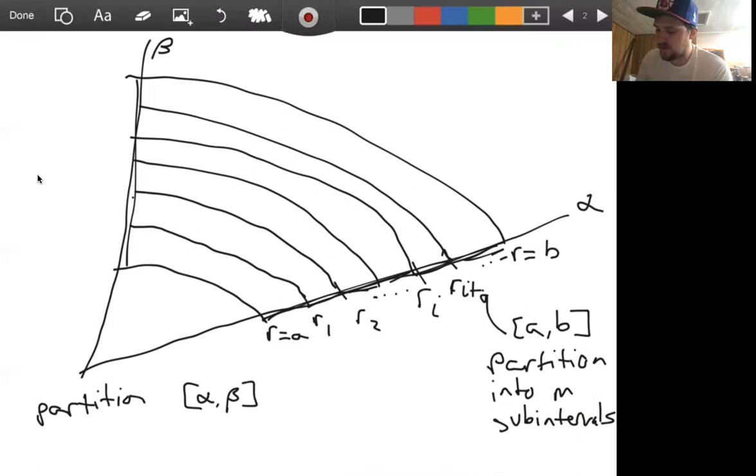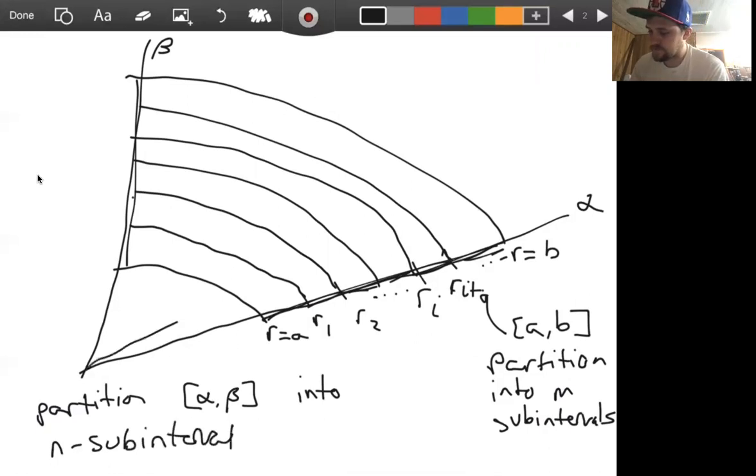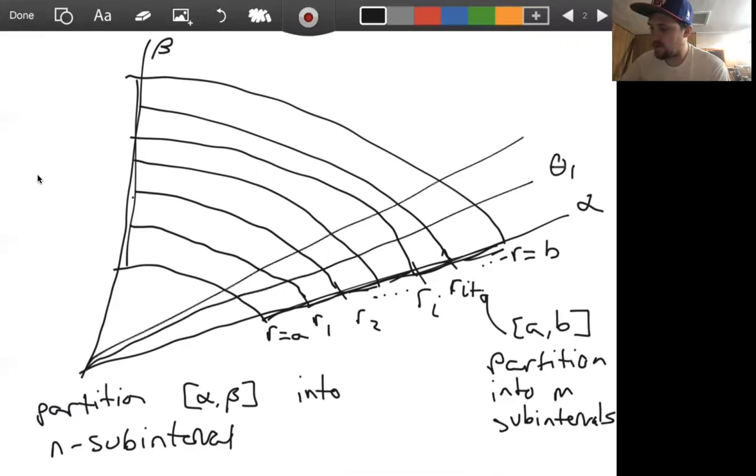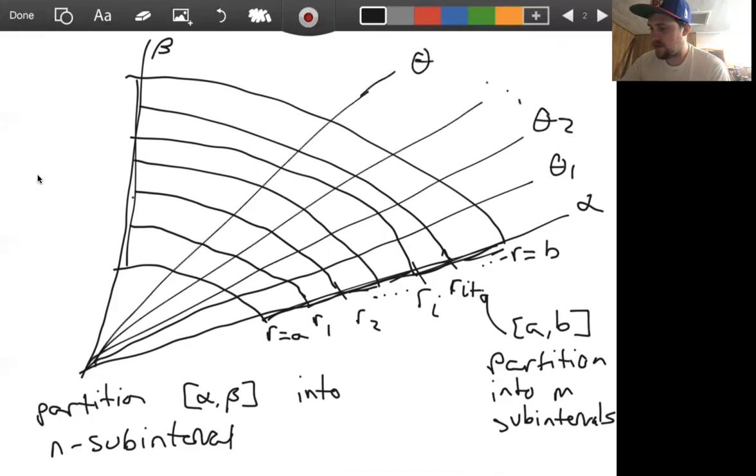We can partition this into n subintervals, right? And so we can have theta_1 and theta_2 and et cetera, up to theta_i, and then theta_{i+1}, and then et cetera.